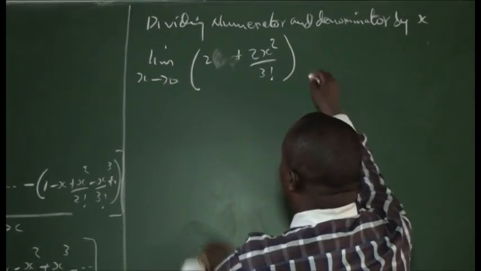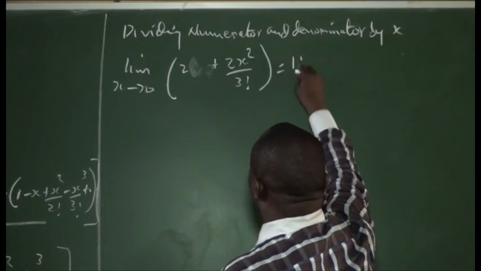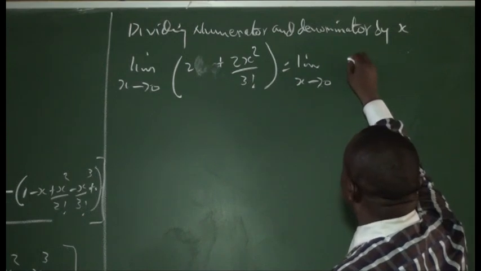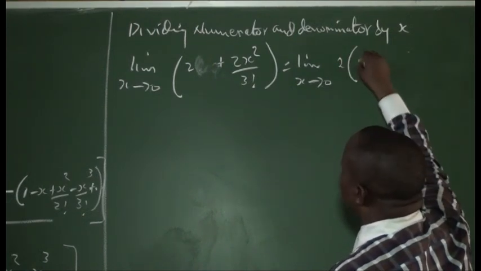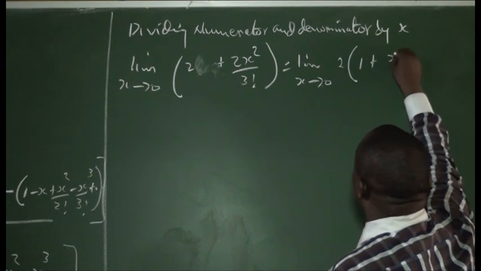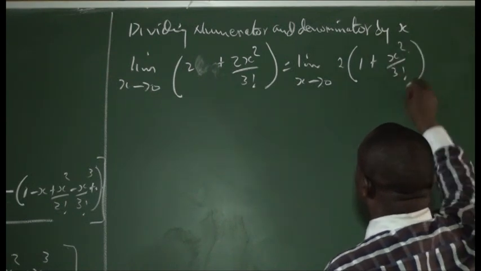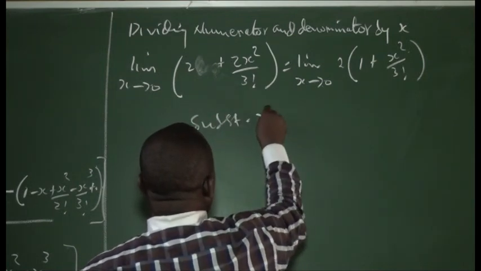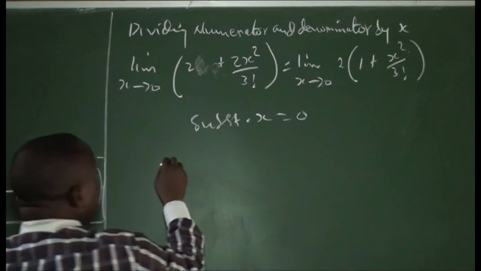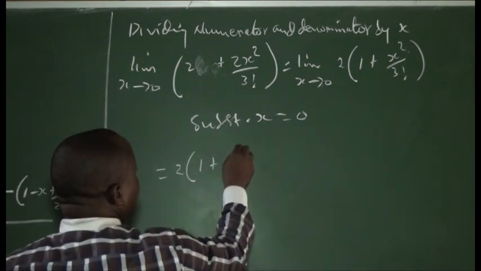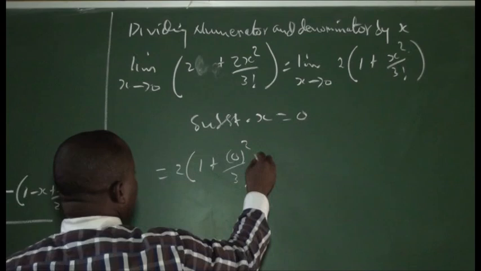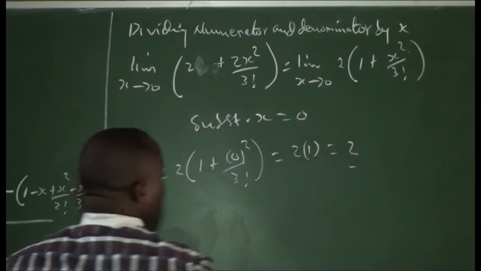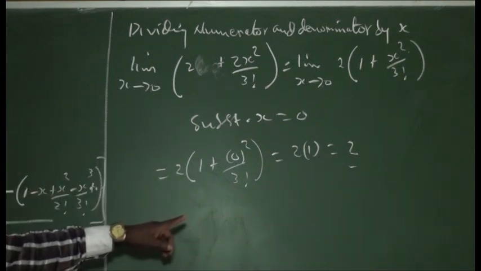Now I can write this as the limit as x approaches 0 of 2 times (1 plus x squared over 3 factorial). Now if you substitute x equals 0, there you have 1 plus 0 squared over 3 factorial, which is equal to 1, 2 times 1, and it's 2. So that becomes the limit.